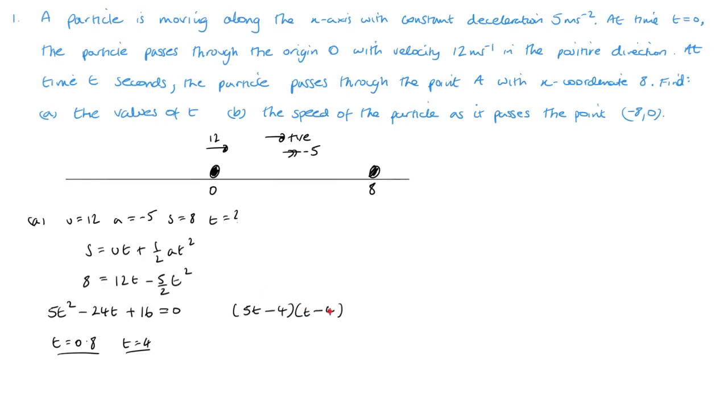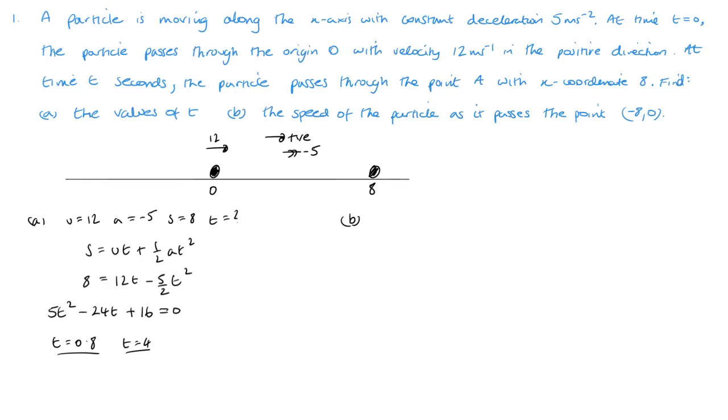So 5t squared minus 20 minus 4 is minus 24, and minus 4 times minus 4 is positive 16. Okay, so having that as your line just here would be enough to guarantee you the full marks. Don't just do what I did there and jump straight to the answer.